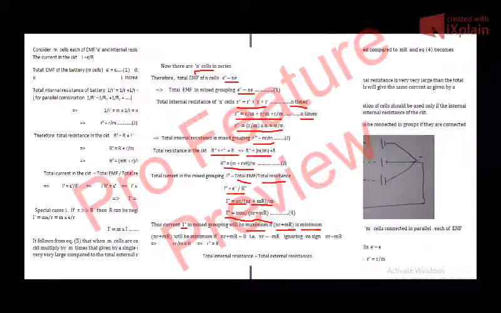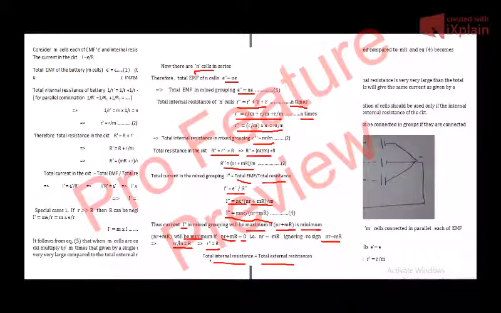N R plus M R will be minimum if N R plus M R is equal to 0, which implies N R is equal to minus M R. Ignoring negative sign, this implies N R should be equal to M R. This implies N R by M is equal to R. This implies R double dash is equal to R. So total internal resistance is equal to total external resistance.